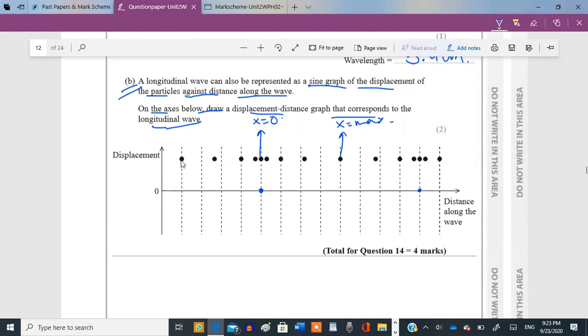Now if we start out from here, this point is at the maximum position, so the graph is going to go like this, and over here it's going to go in the negative direction max.